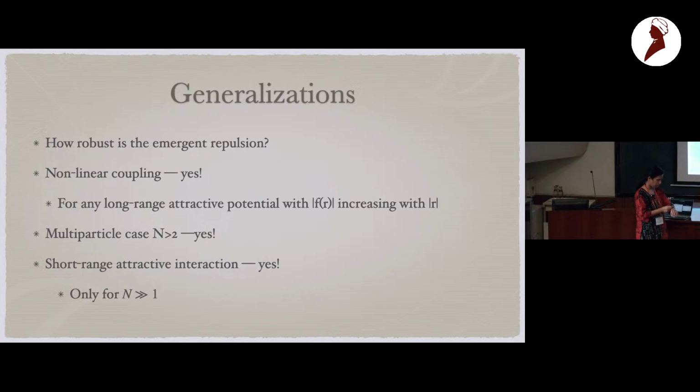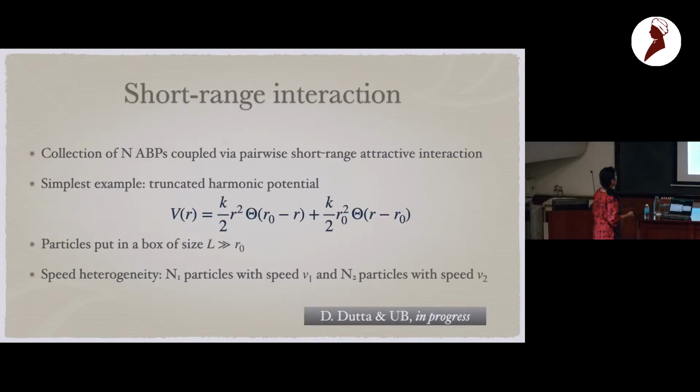So in the remaining 10, 15 minutes, I will just describe briefly. We again consider n active Brownian particles, but now they are not coupled by a long-range harmonic potential, but by just a truncated harmonic potential. So there is a finite range of interaction.